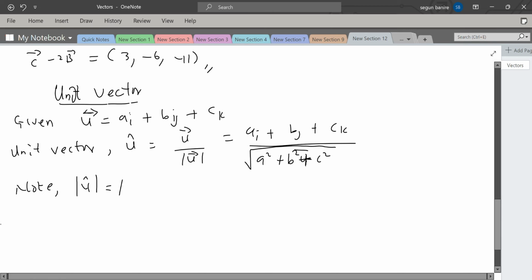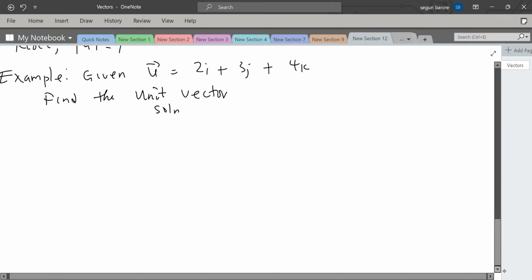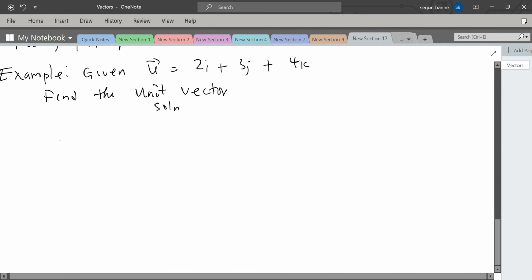Okay, so if we are to do an example, given u to be equal to 2i plus 3j plus 4k, find the unit vector. Solution: we need the magnitude of u, where u is 2i plus 3j plus 4k.